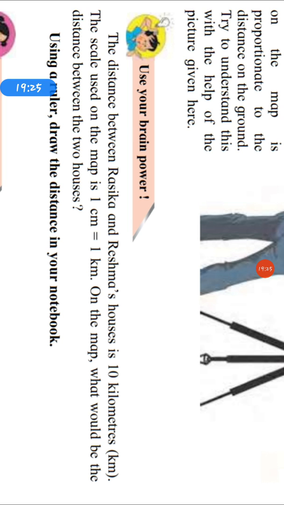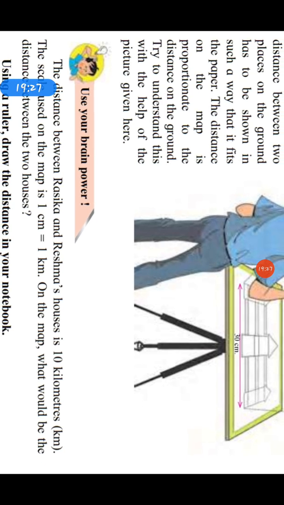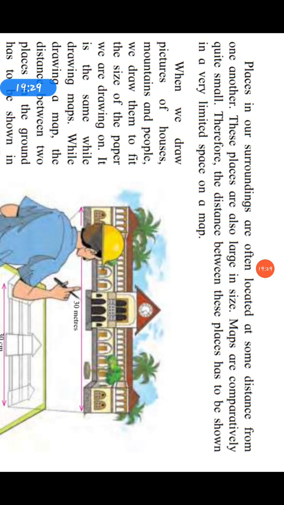So students, what have we learned in this lesson? We have learned about the directions, subdirections, and scale of a map. What are the main directions? The main directions are east, west, north, and south. We humans determine the directions on the basis of sunrise and sunset. Similarly, we learned about the subdirections.